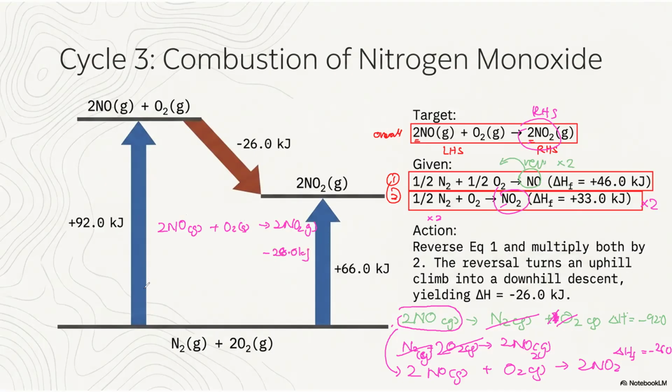And then you have N2 plus O2 give 2NO. So delta H is equal to positive 92.0. And then you have N2 plus 2O2 give 2NO2. So now you multiply by 2 but not reversing. So you are going to become positive 66 kilojoule.